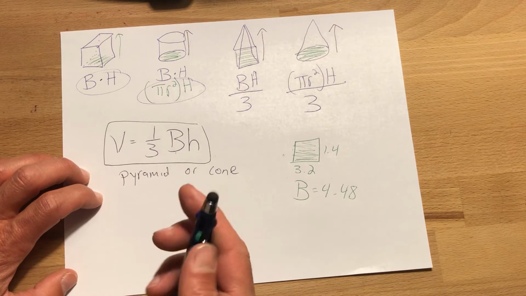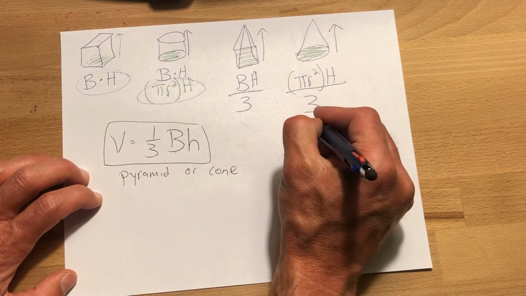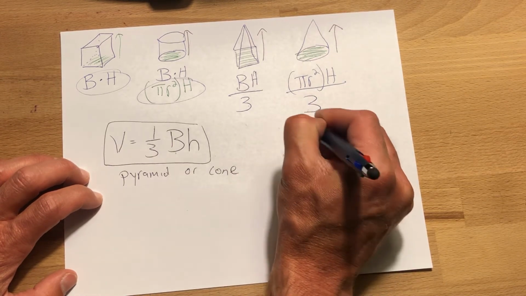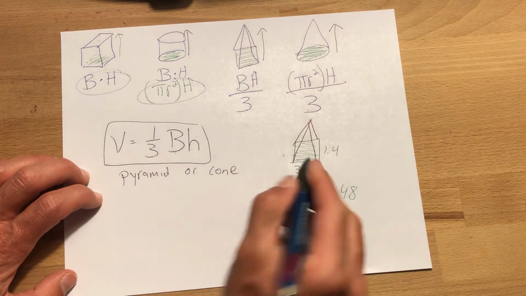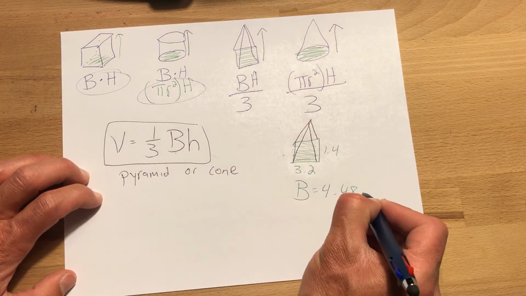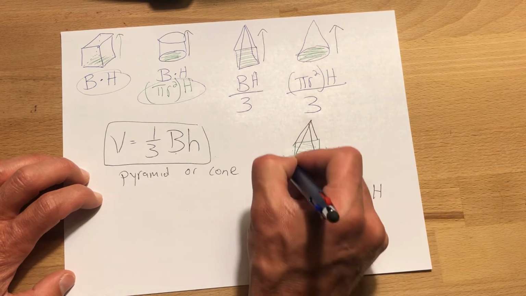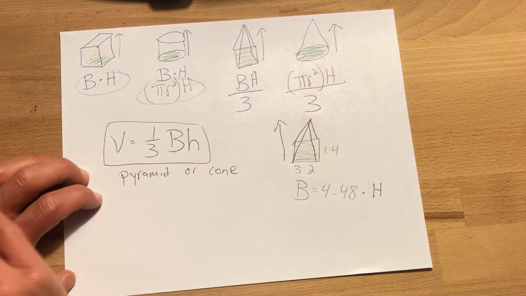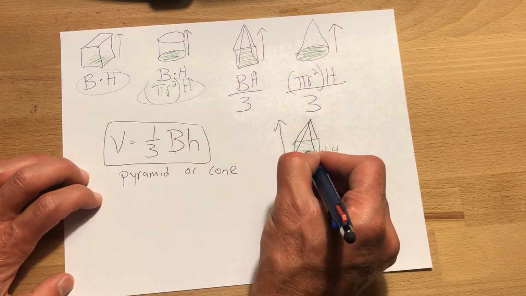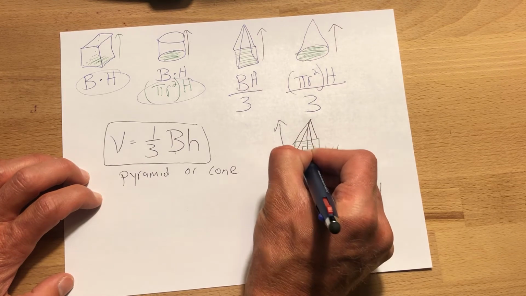But what we need to do is we have to actually, because we're going to have a pyramid out of this now, take the area of this base times the height. It gives you a straight up and down height right here. It's perpendicular.